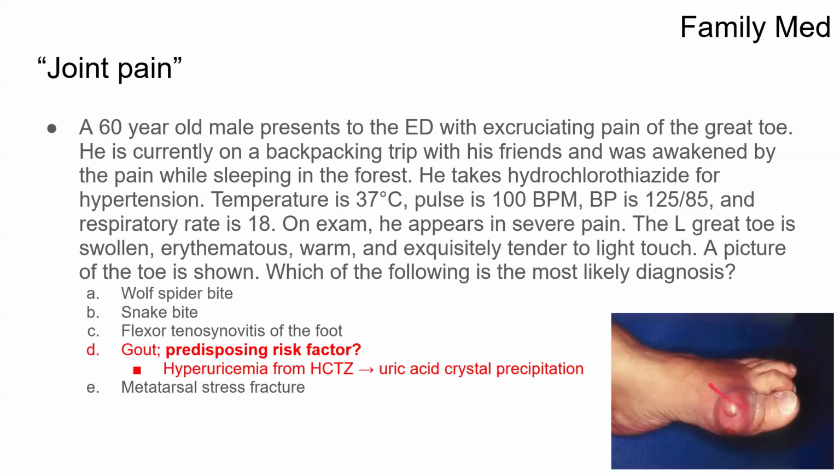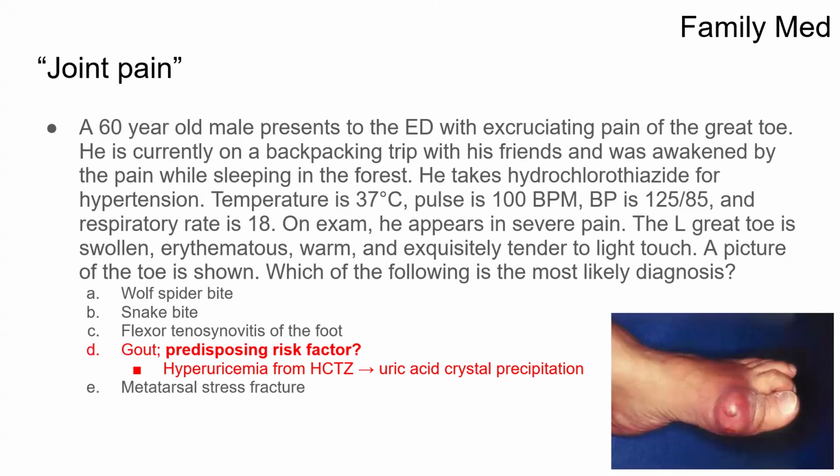Oh, and this guy was sleeping in the forest. Whenever there's not a whole lot of movement of the joint, especially in distal joints like the metatarsophalangeal joint of the great toe, that stasis with a decreased temperature of that extremity can cause uric acid crystal precipitation, which can cause a gout flare.